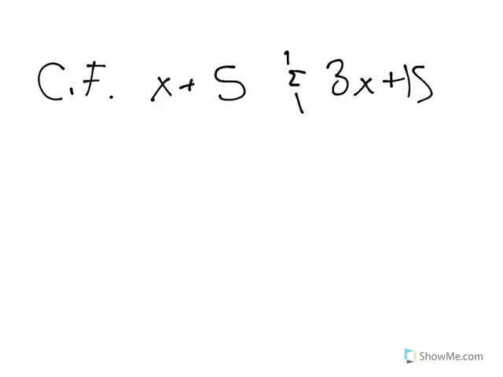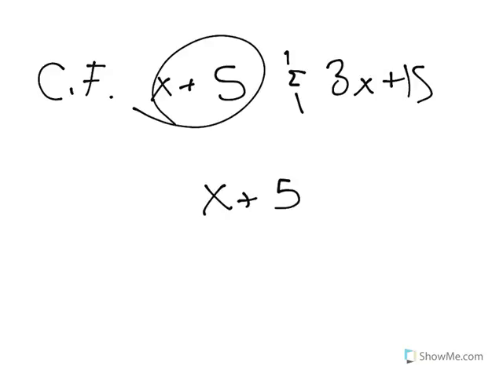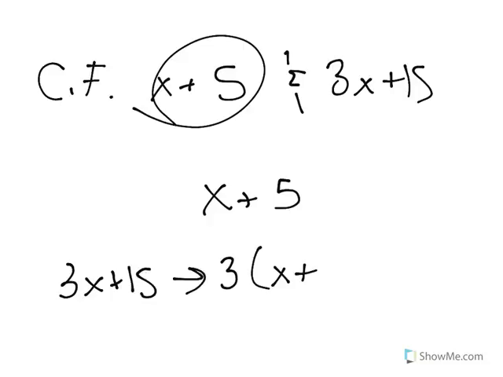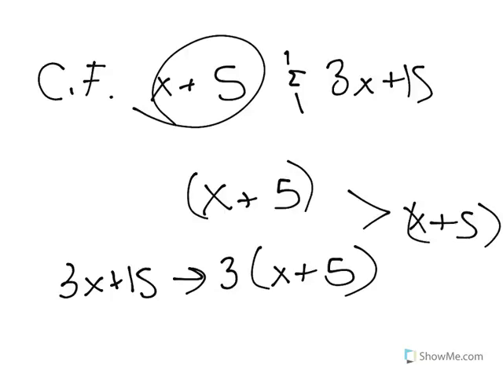So now to find the common factor of x plus 5 and 3x plus 15, we see that x plus 5 cannot be factored anymore. However, 3x plus 15 can be factored to 3 times x plus 5. We see that x plus 5 is a common factor of both of them.